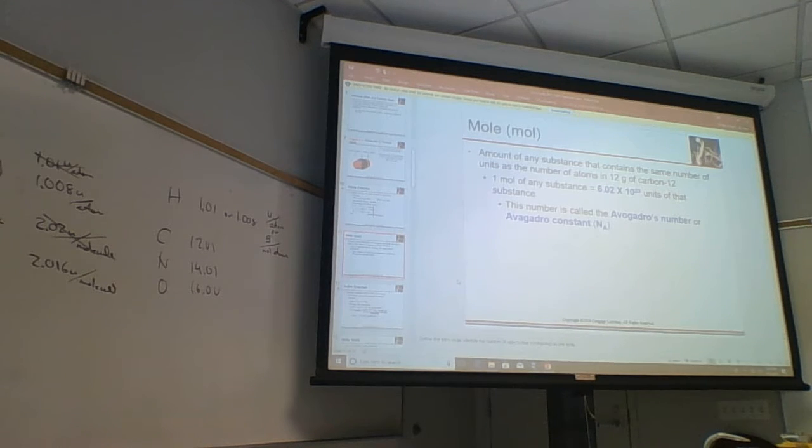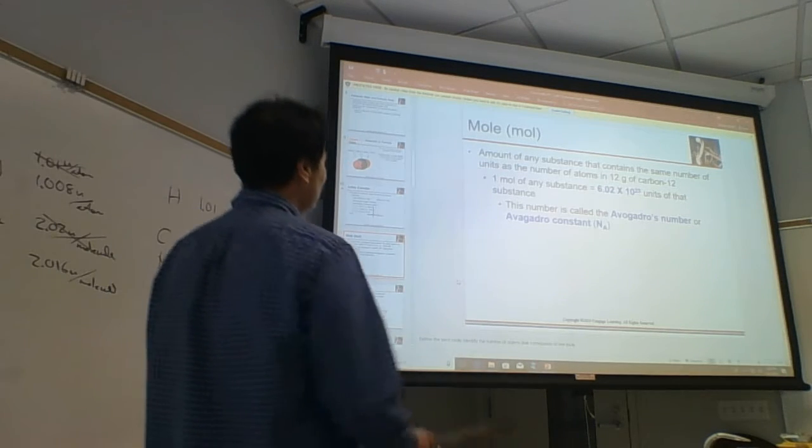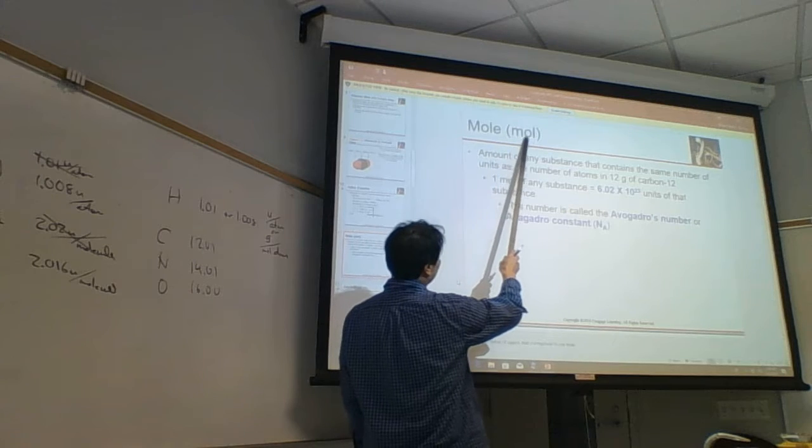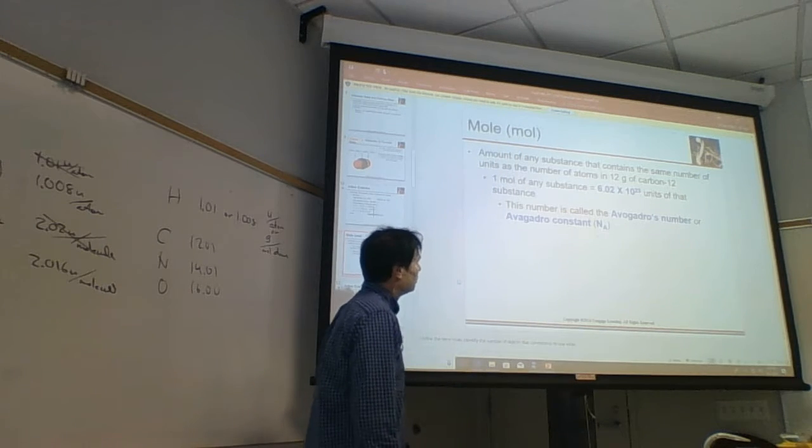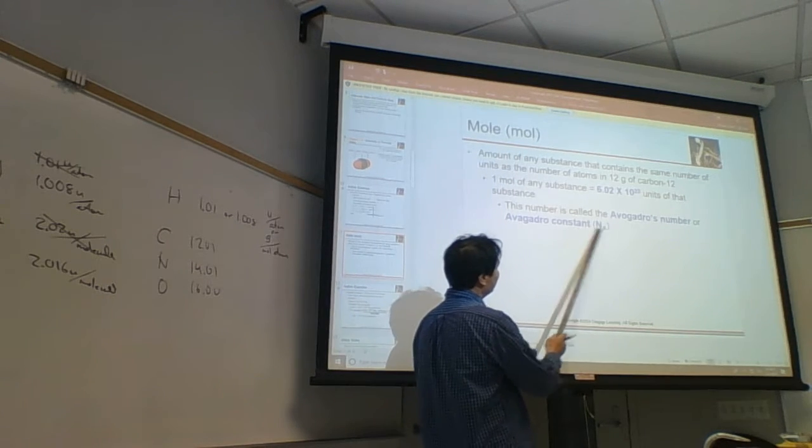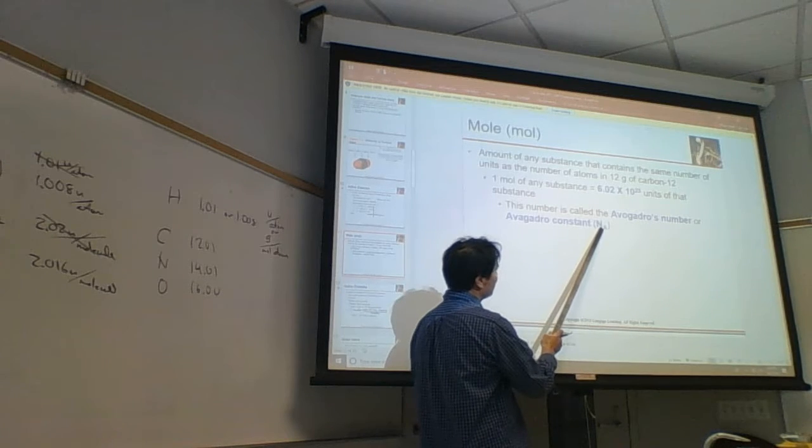Avogadro's number is abbreviated N sub A. The mole is abbreviated M-O-L, so it's not such a great abbreviation. Avogadro's number, or Avogadro's constant, is abbreviated N sub A.